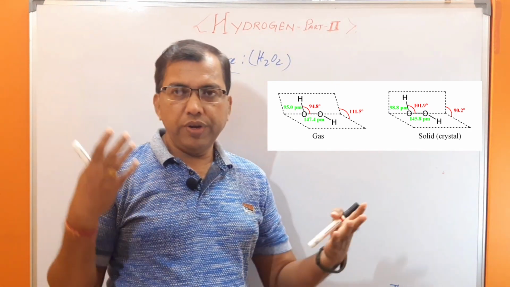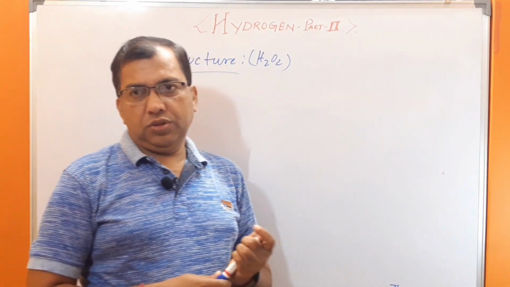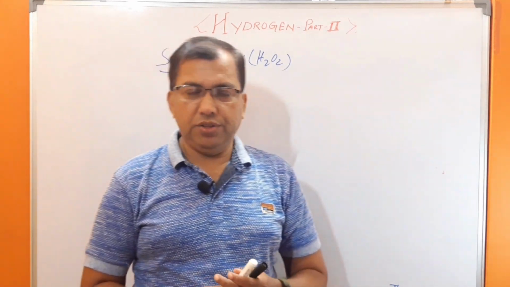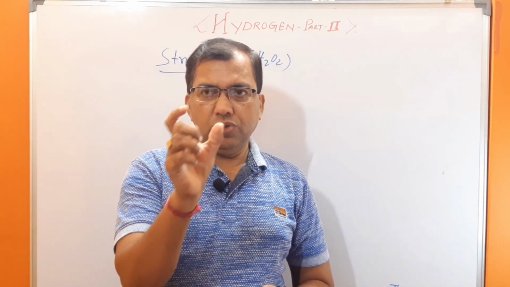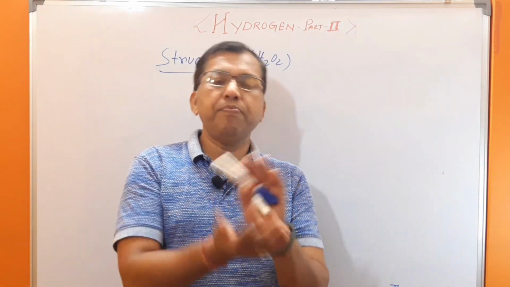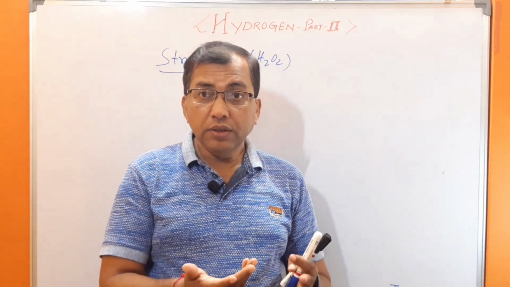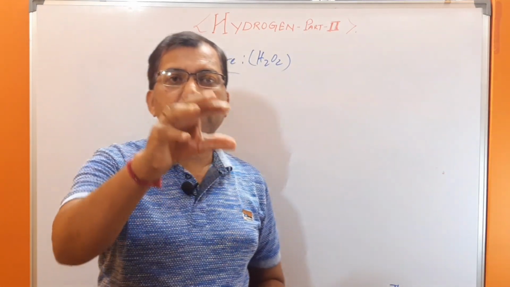So H2O2 is a non-planar molecule. It has a peroxide linkage, two oxygens, and the hydrogen bonds do not lie in the same plane. Why? Because of repulsion of bonding and antibonding orbitals.